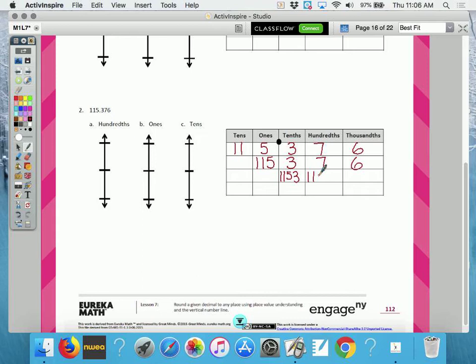Then 11,537 hundredths. Ooh, I put it in the wrong place. I just need a 7 here, don't I? Yep. Hope you didn't do it like I did.